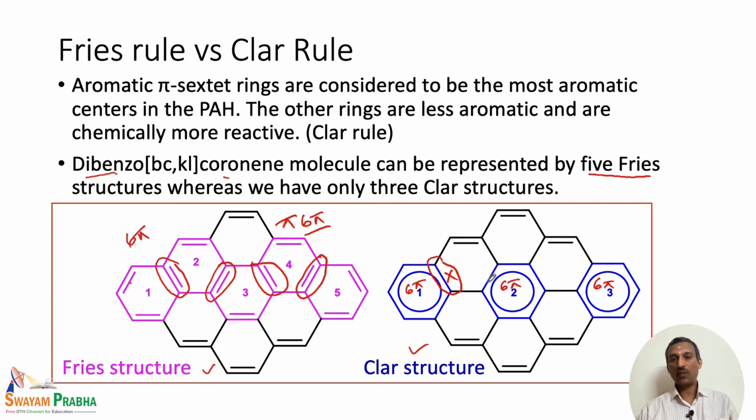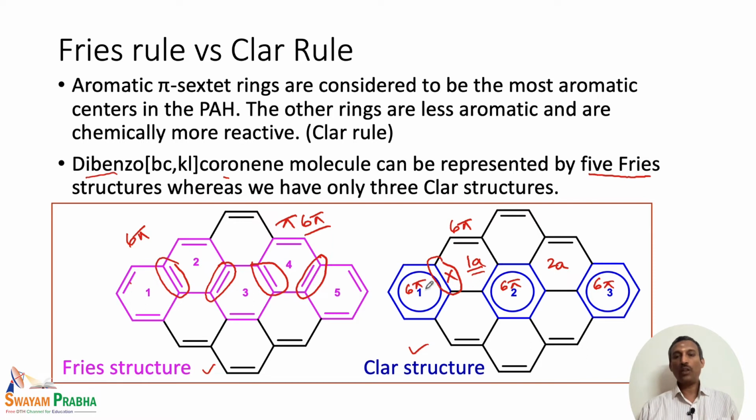So here, if this is number 1, this is 1A, and then this is 2A. The 1A actually is separating 1 and 2. That is the reason in the Clar structure the 6 pi electron rings are separated by some rings which are not having 6 pi electrons. So, that is the Clar structure.